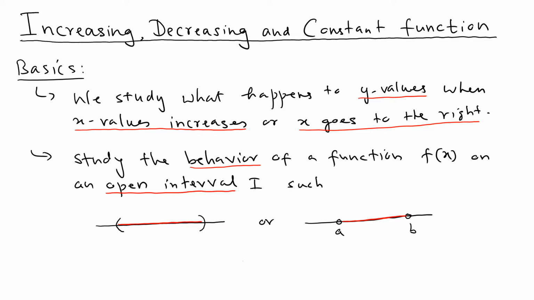We can write these intervals like (a, b). So this is the interval. If this is the a value and this is the b value, this parenthesis means the corner points are not included. The endpoints are not included.